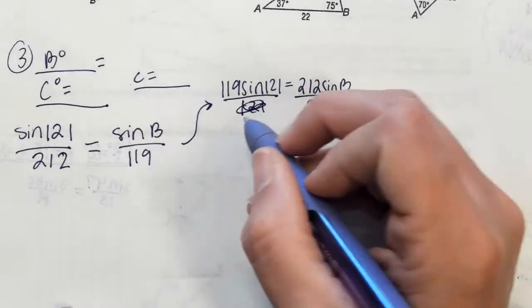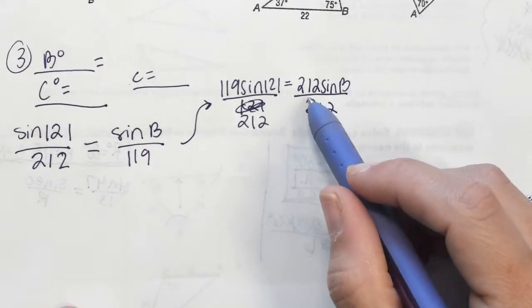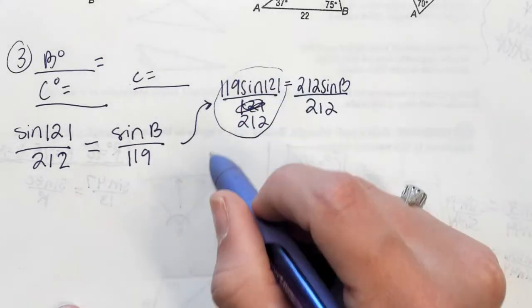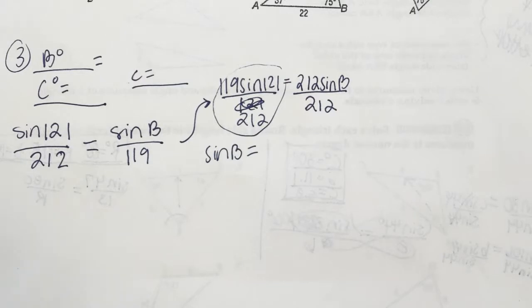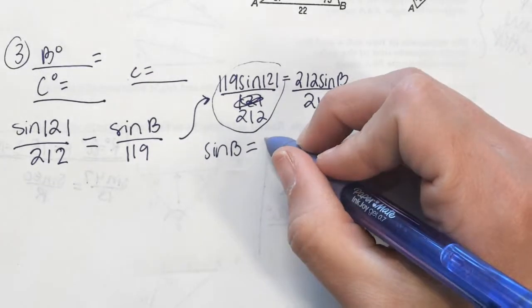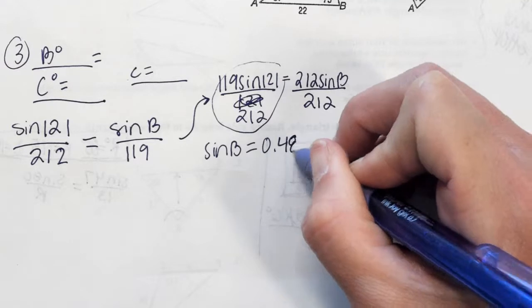The B is inside that sine, so we can't really get rid of the sine, but we can get rid of the 212. Go ahead and divide this in your calculator. What'd y'all get? Keep going. 0.